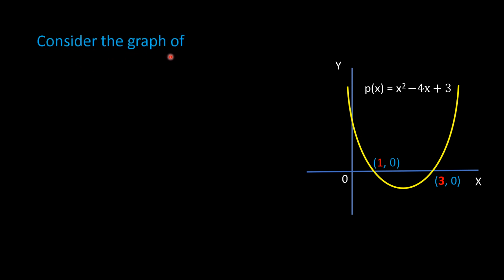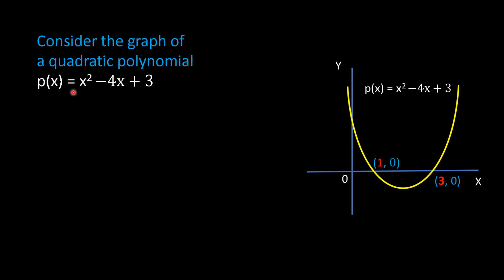Consider the graph of a quadratic polynomial p(x) = x² - 4x + 3. So this is the graph of polynomial p(x) = x² - 4x + 3. Let p(x) = 0 so that x² - 4x + 3 will be equal to 0.